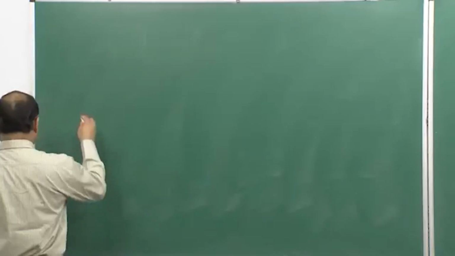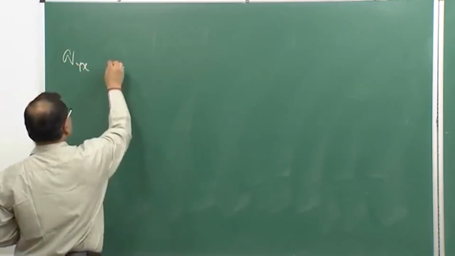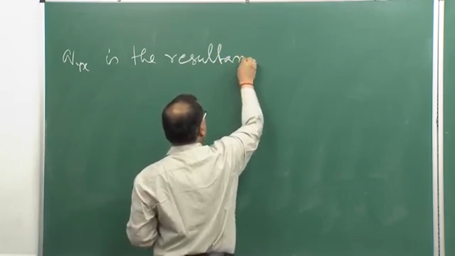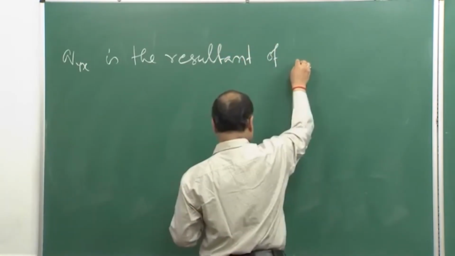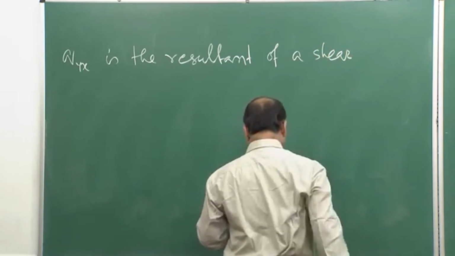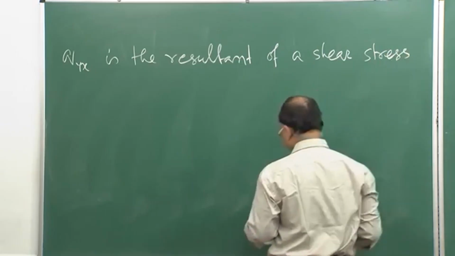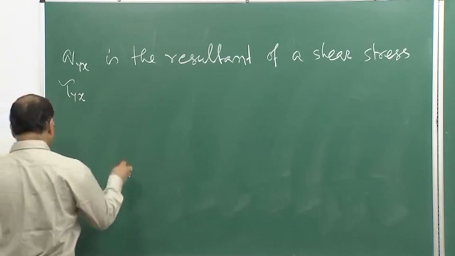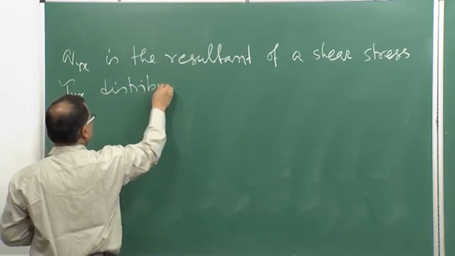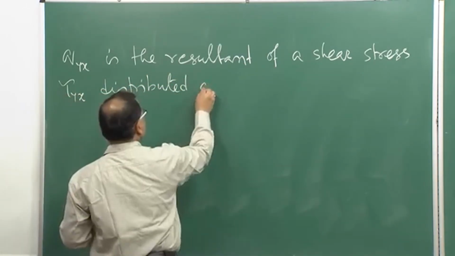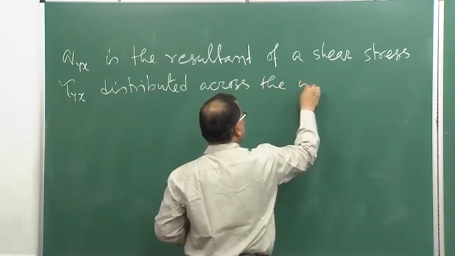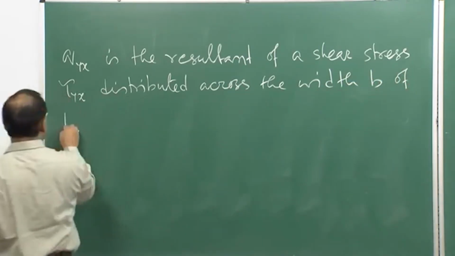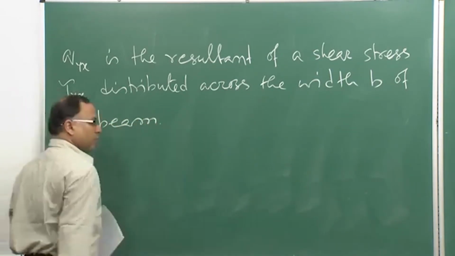So, your qyx is basically the resultant of a shear stress tau yx on the y plane along the x direction, distributed across the width B of the beam. What does it mean?